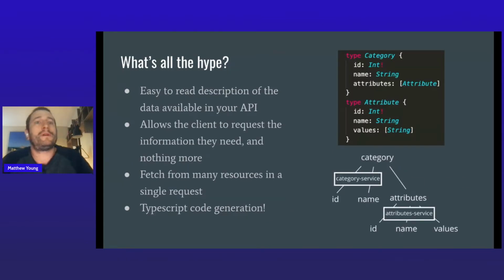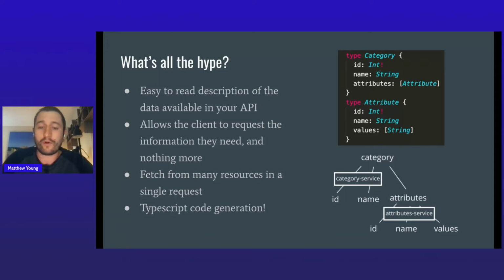What's all the hype? GraphQL gives you an easy to read description of the data available in your API. You'll see shortly you can request as much or as little information about a type that you want without a worry of overfetching and over normalization of fields that you don't particularly care about in your use case.